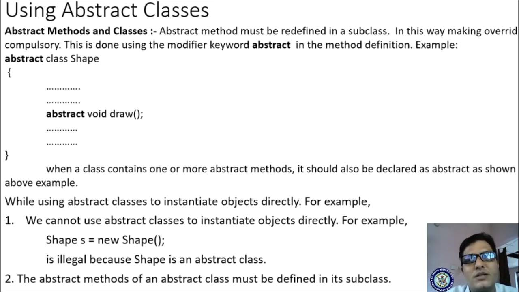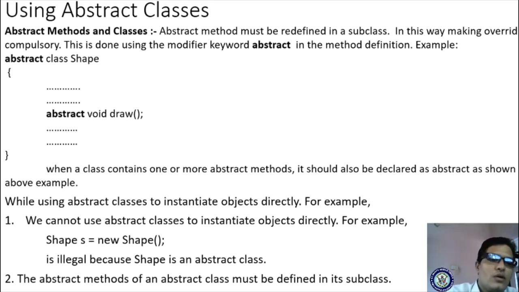In this way, abstract makes overriding compulsory. This is done using the modifier keyword abstract in the method definition or in the class definition. While defining the class, if you make it abstract, then it will be compulsorily overridden.